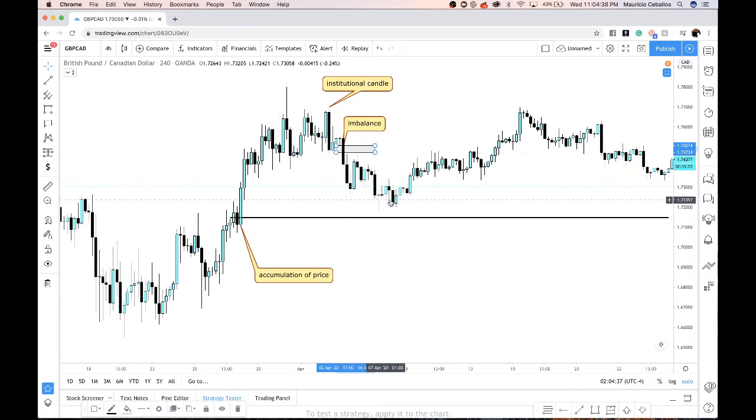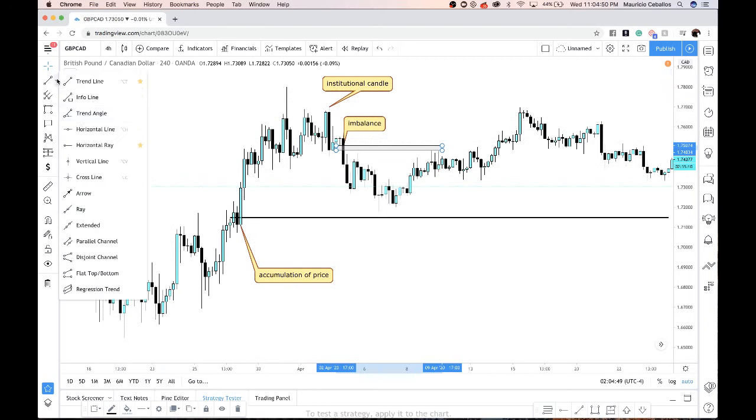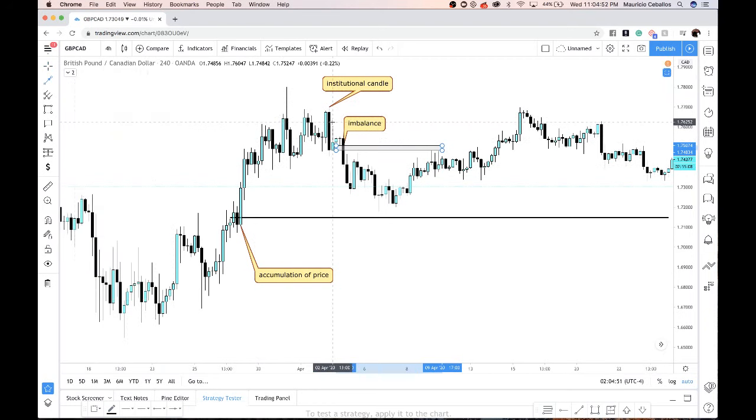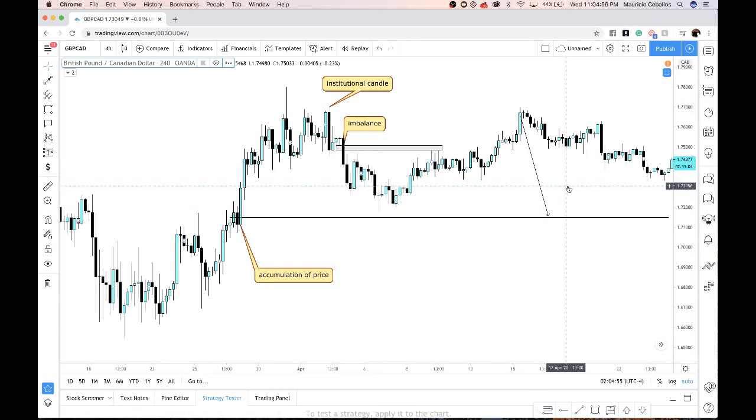So we can see the market started going up in a bullish scenario to fulfill this imbalance. This imbalance is going to help us potentially create more liquidity and then take over to our institutional candle to then later on come down from our entry to our potential accumulation zone.